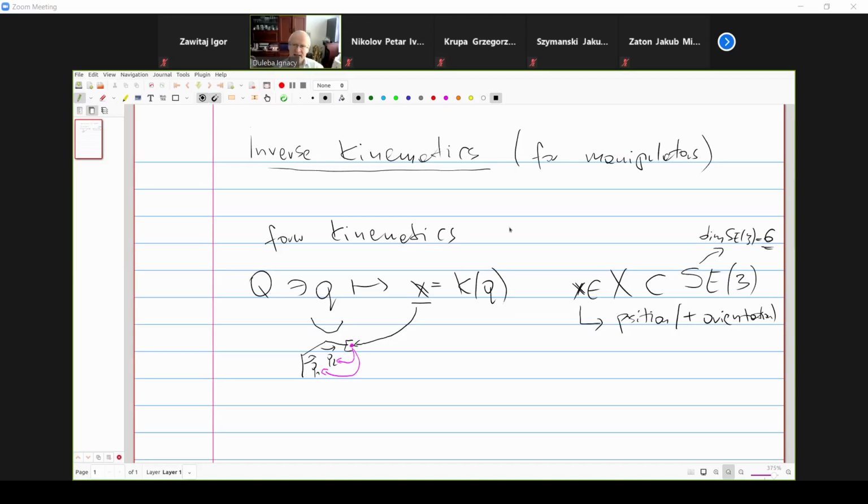And based on that, we can obtain inverse kinematics in closed form formulas. Unfortunately, this method works only for very simple robotic structures. So the usefulness of this method is really small.